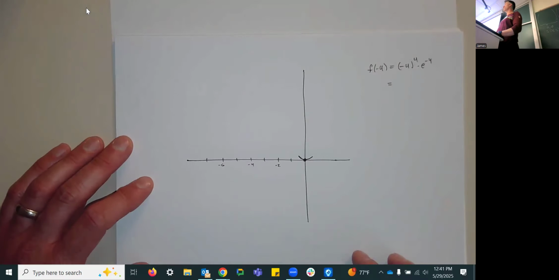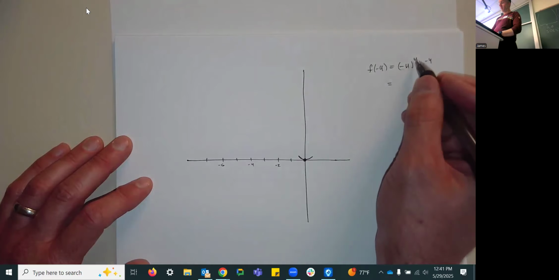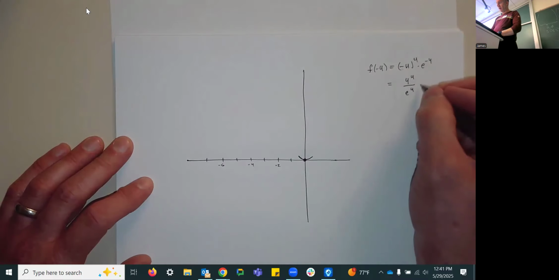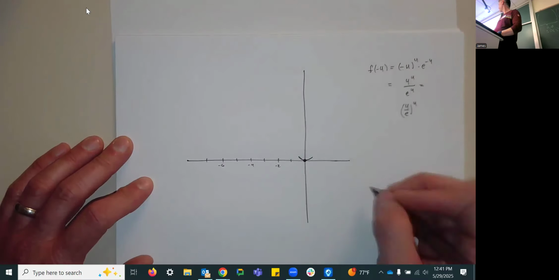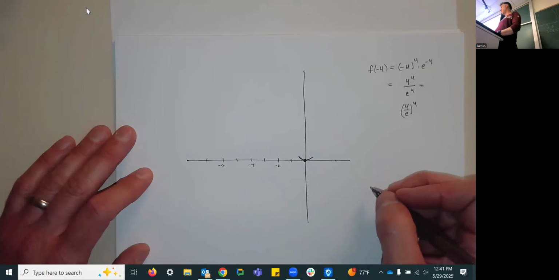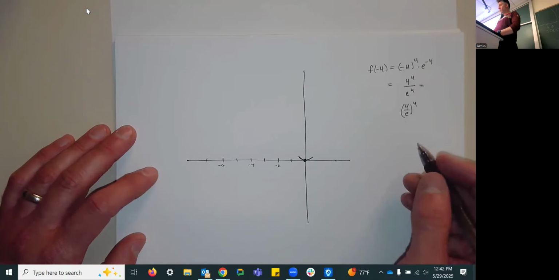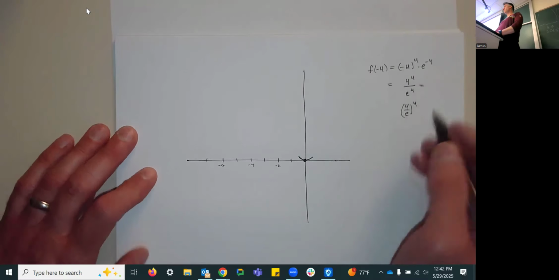I'm trying to get an idea of what's going on. -4 to the fourth is going to be +4 to the fourth divided by e to the +4th. That's 4 over e to the fourth, which actually isn't that bad because 4 over e is like 1 point something. When you raise that to the fourth power, it gets a little bit bigger, but you can convince yourself this is not too big.